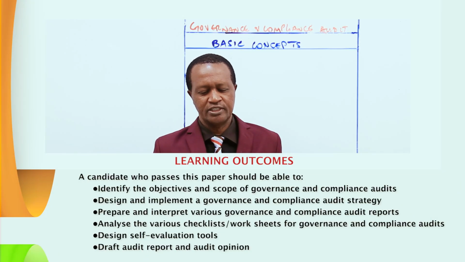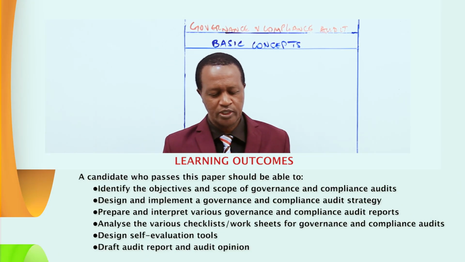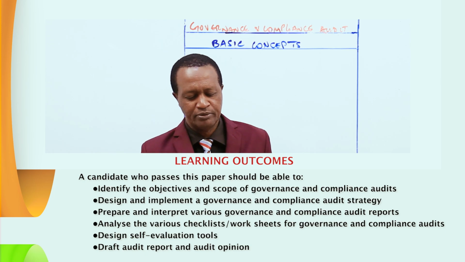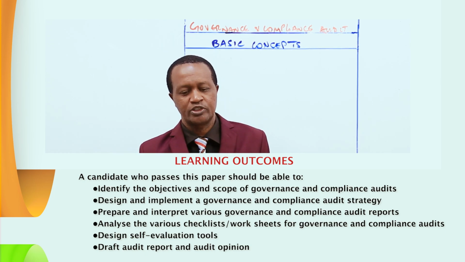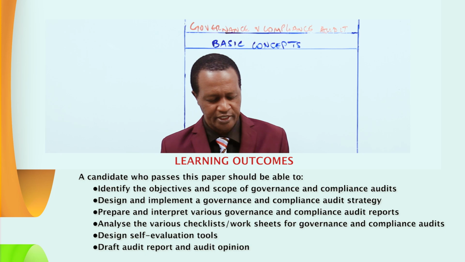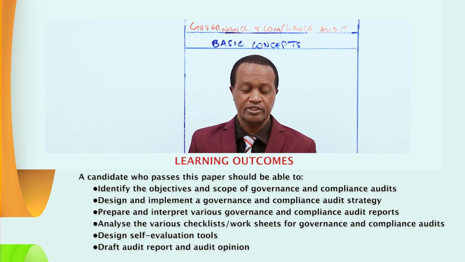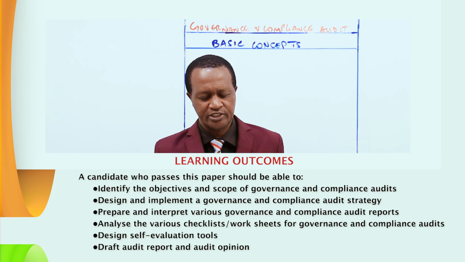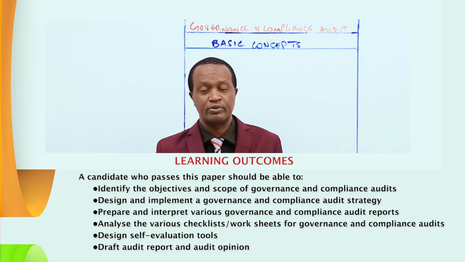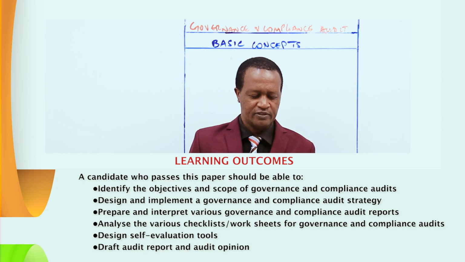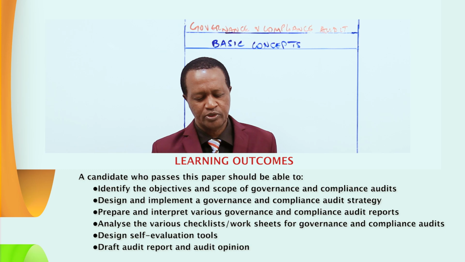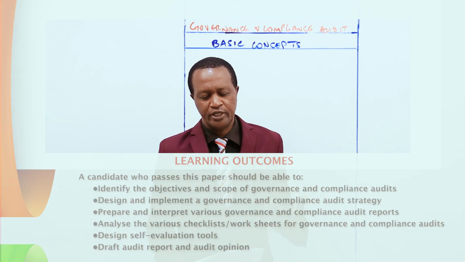A candidate who passes this paper should be able to, number one, identify the objectives and scope of governance and compliance audits. 2, design and implement a governance and compliance audit strategy. 3, prepare and interpret various governance and compliance audit reports. 4, analyze the various checklists for governance and compliance audits. 5, design self-evaluation tools. And lastly, draft audit report and audit opinion.